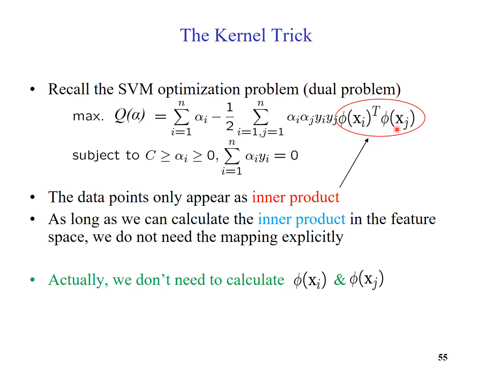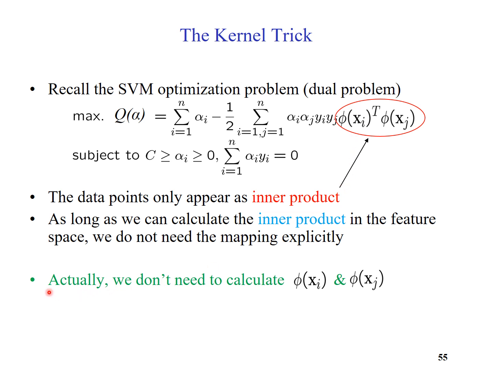What we need is the product, the multiplication between these two data. So even though we do not know each value of the mapping, as long as we know the multiplication value here, then we are okay. That's the key of the kernel method.